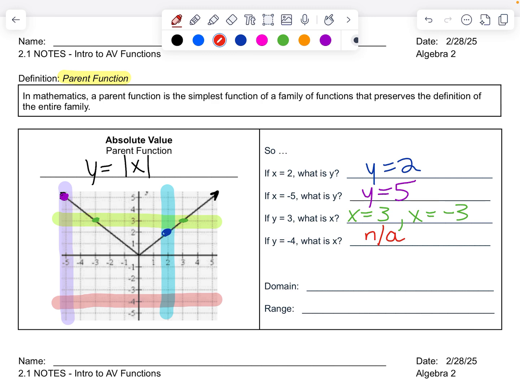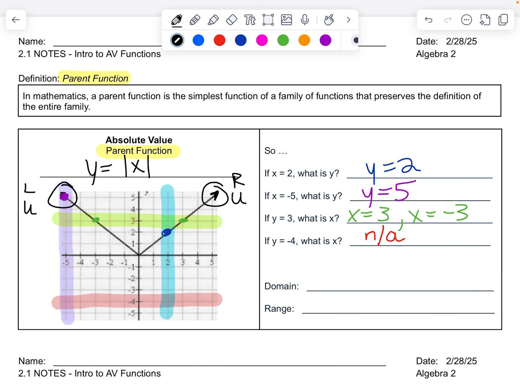So, for our parent function, of course, we're talking about that in this particular video, we should be able to, just like we have in the past, take a look at domain and range. Domain covers all the x values. Now, I know I covered it up with a purple dot, but there's an arrow here going left and up, and an arrow here pointing right and up. Domain covers the x values.